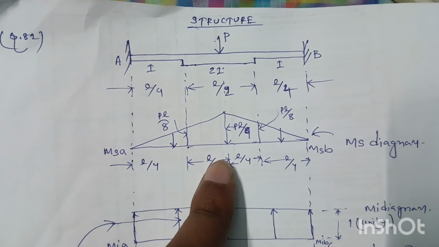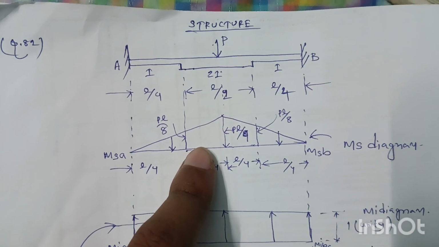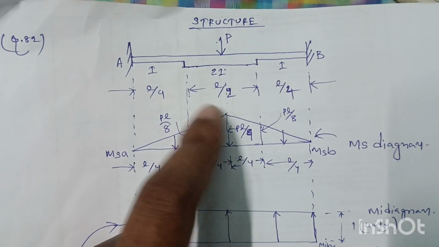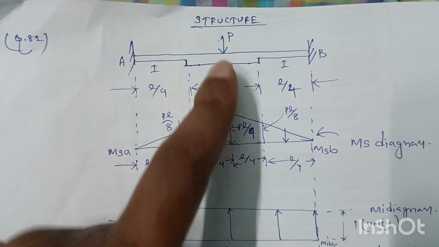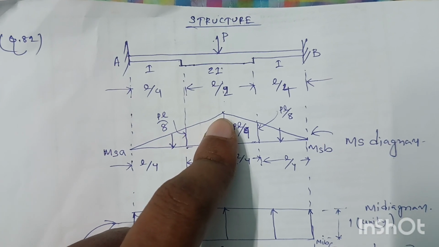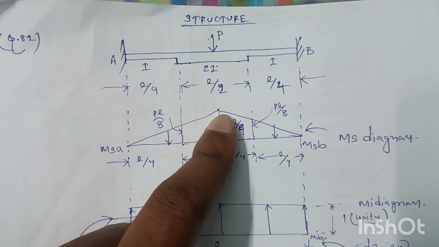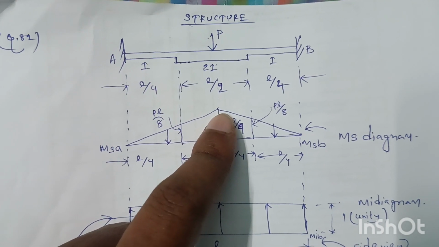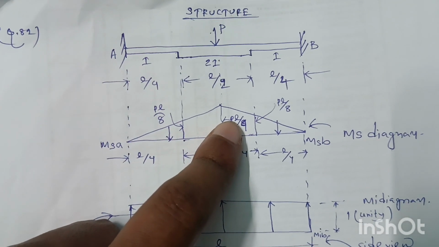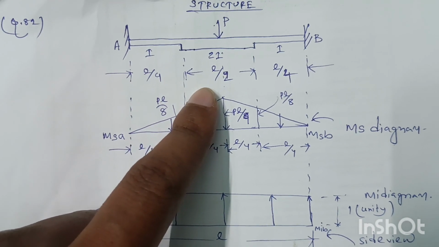As we solve this question by the column analogy method, the next step is the calculation of load on the analogous column due to this bending moment. The load will be the area of this bending moment diagram into 1 by flexural rigidity EI.